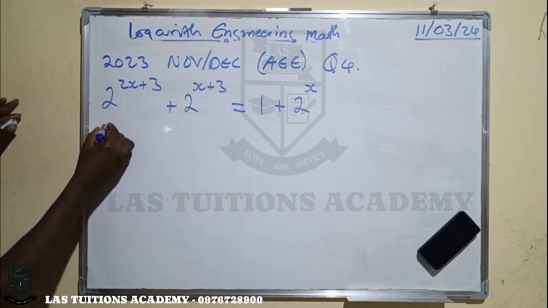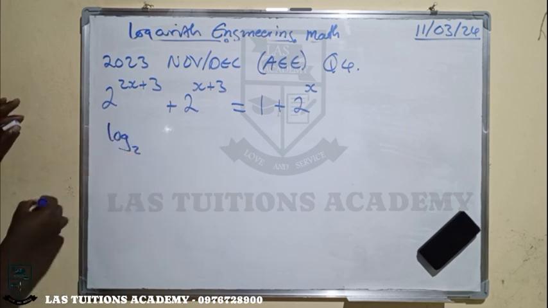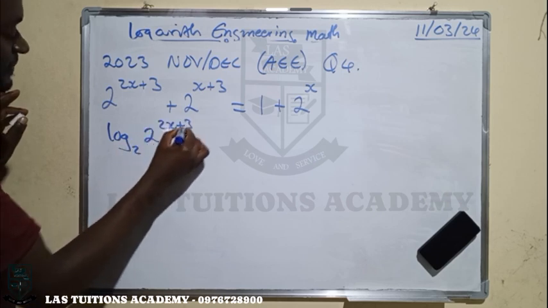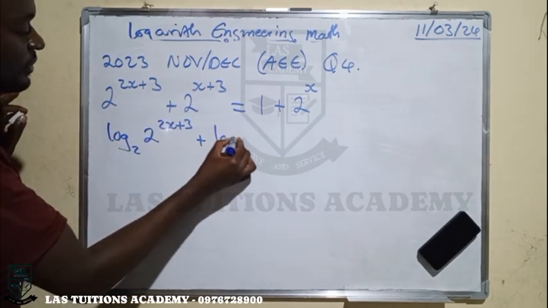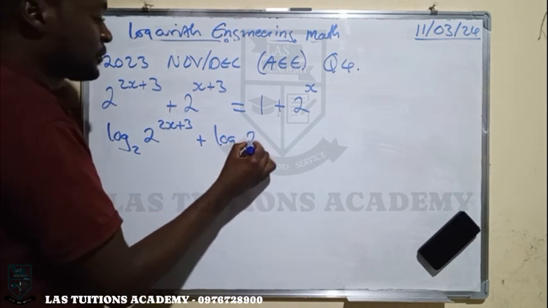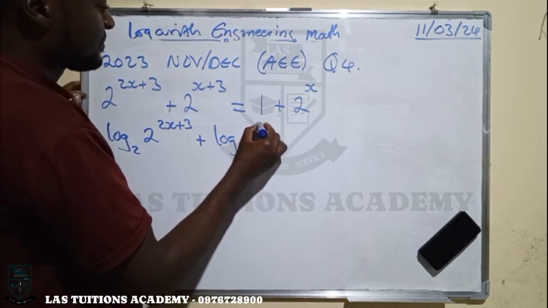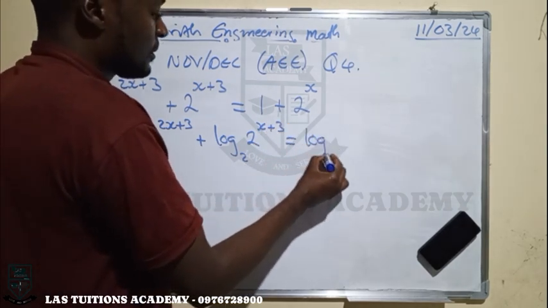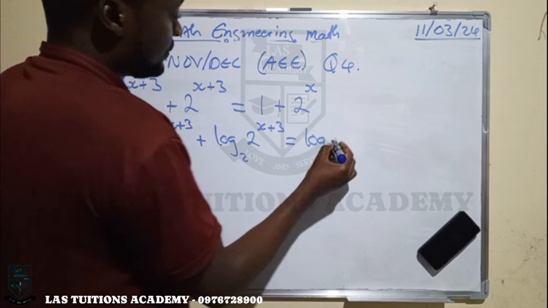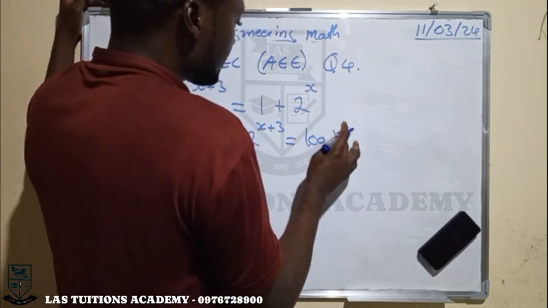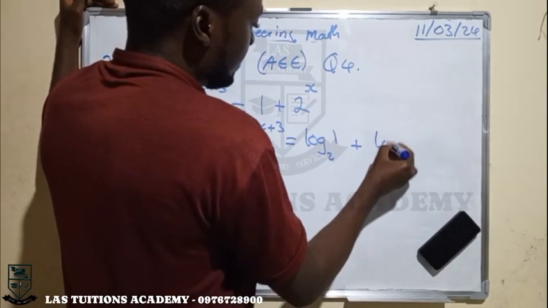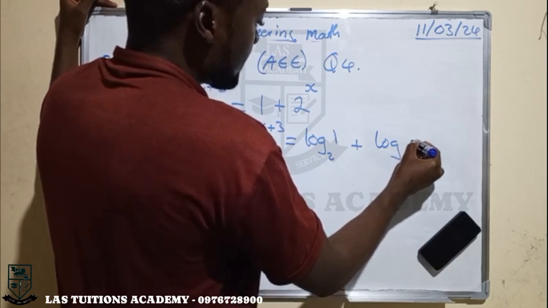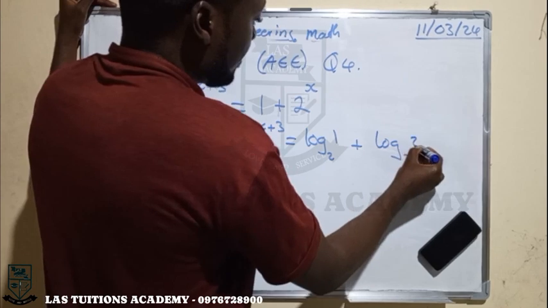So I'm going to say log to base 2 of this, which is 2 to the power 2x plus 3, plus log base 2 of 2 to the power x plus 3, which is equal to log base 2 of 1 plus log base 2 of 2 to the power x.